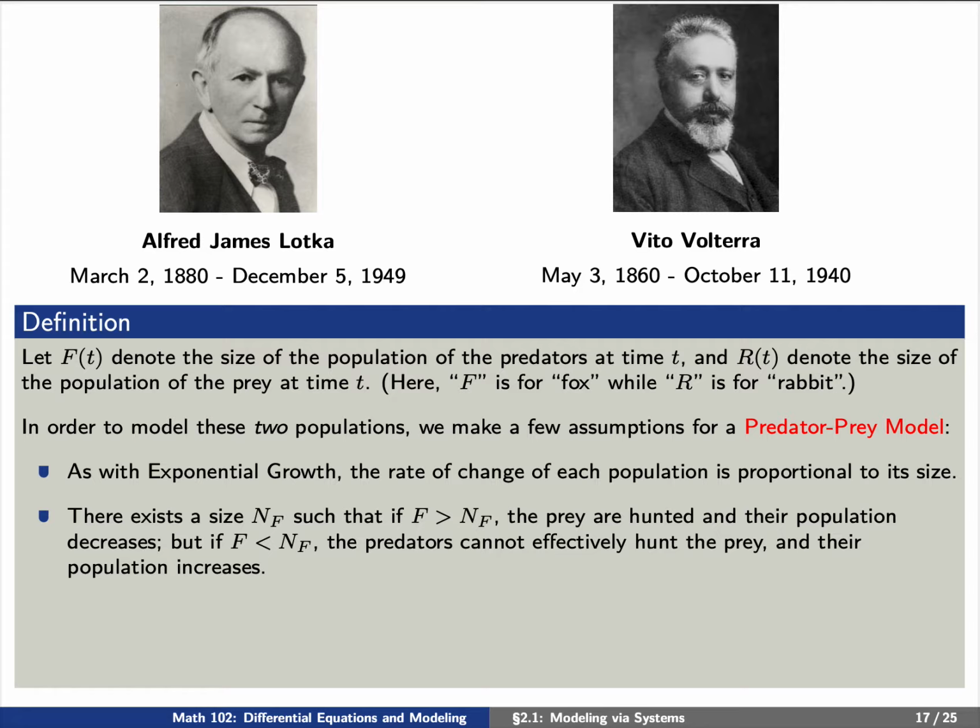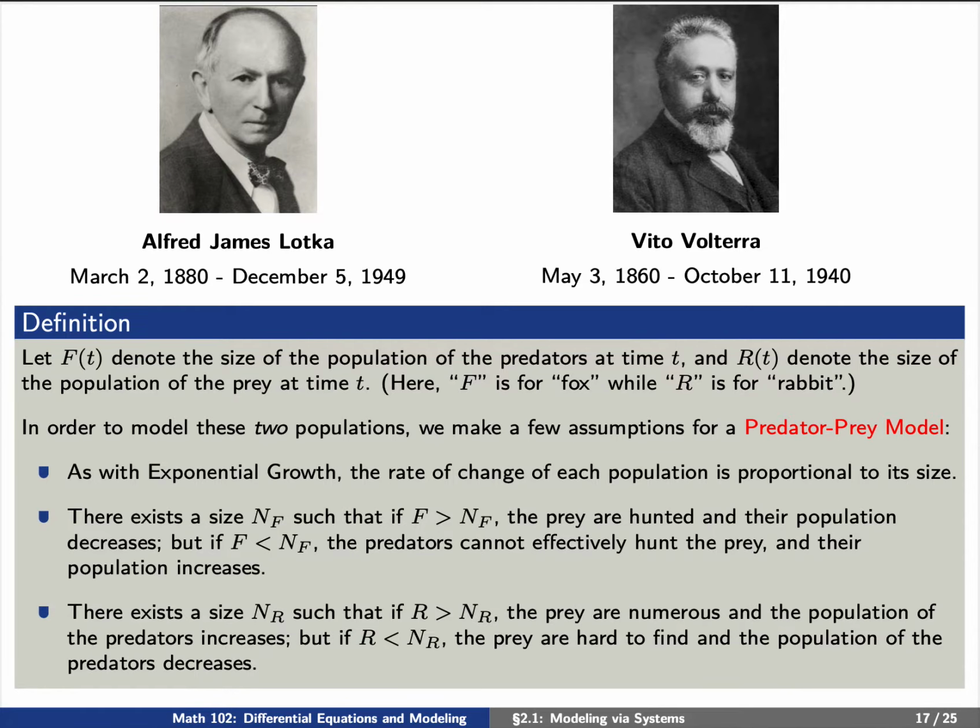However, if the number of predators is small enough, then the predators cannot effectively hunt the prey, and the size of the prey population will increase. So there should be some number n_f that tells us if the number of predators is either too large or too small, then the size of the population of the prey will either decrease or increase.